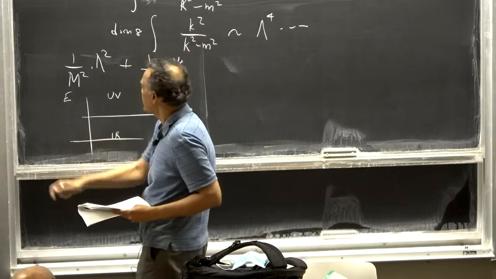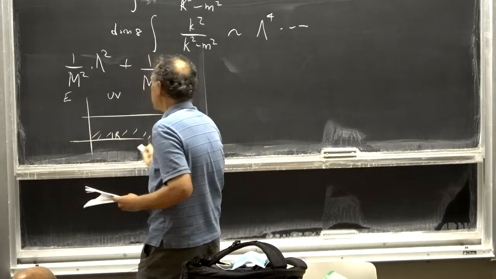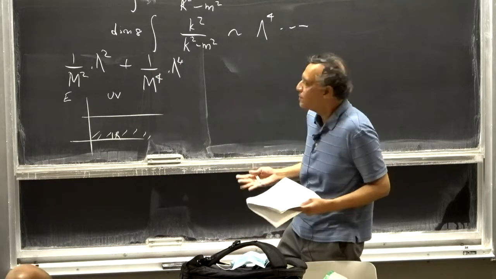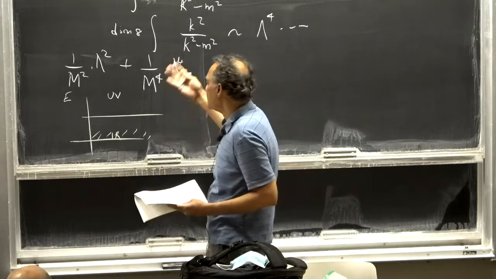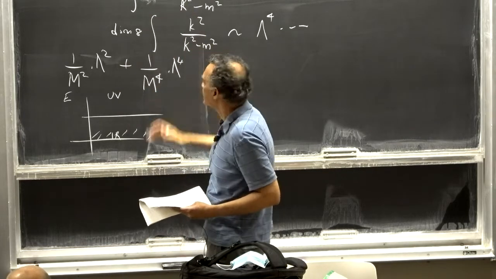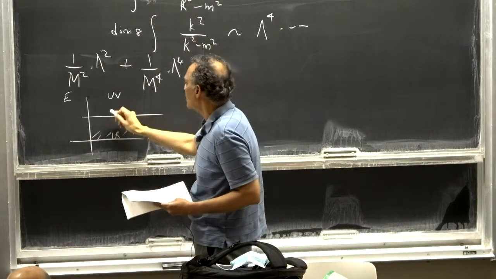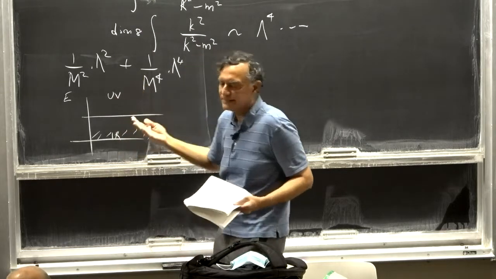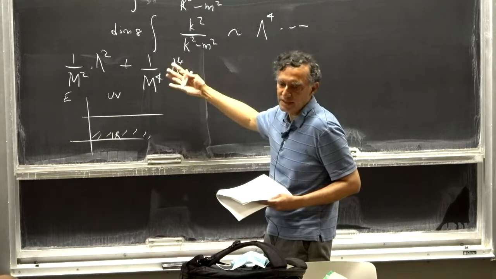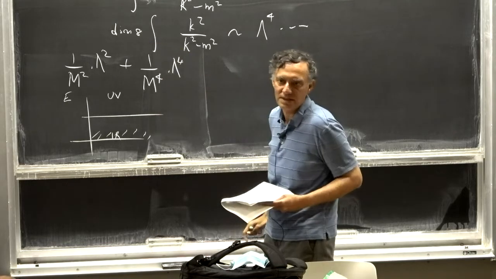My tree level theory and everything else is getting stuff correct in the IR by construction. And now when I do loops, I'm integrating up to effectively infinite energy. And the integrals are just wrong in the UV, because the momentum dependence of the theory is not the same as the full theory. We haven't kept all of those propagators, et cetera.